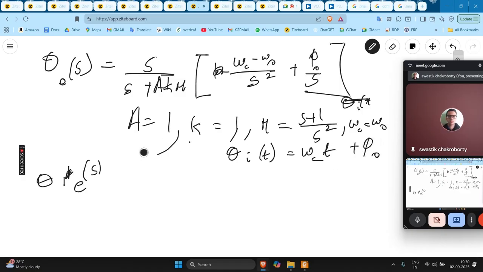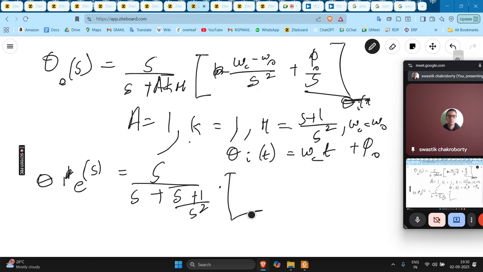That's all. So theta es is s by (s plus 1 by s square) whole into phi naught by s. So this s and this s will cancel. So it is s square phi naught by s cube plus s plus 1.